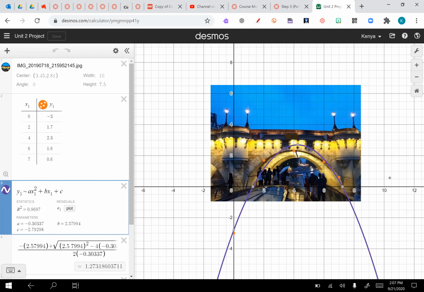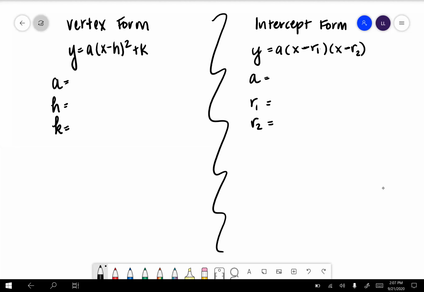Because remember, in all the forms, whether it's standard form, intercept form, or vertex form, A is always going to be the same. So let's take a look at what vertex form looks like and what intercept form looks like. Here we have vertex form. Vertex form is y equals A times (x minus h) squared plus k, where A, remember, is the same in all forms.